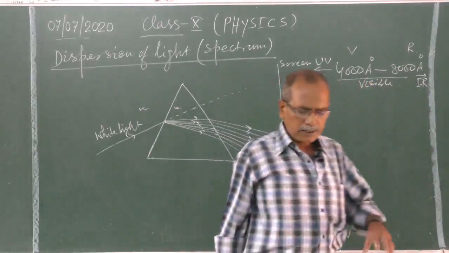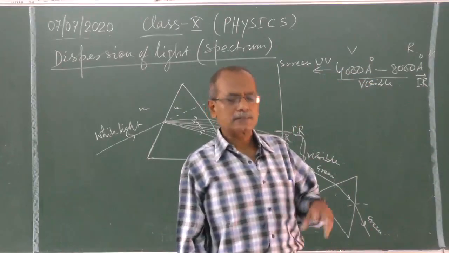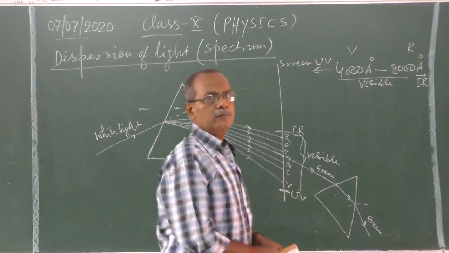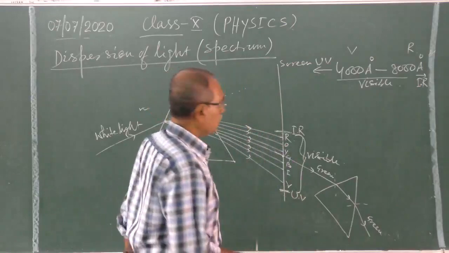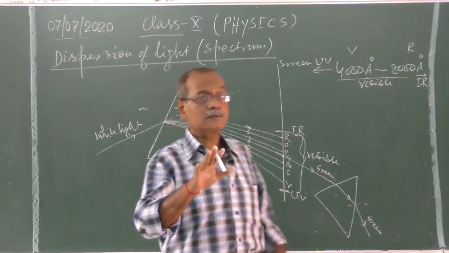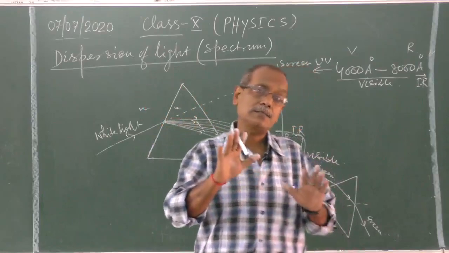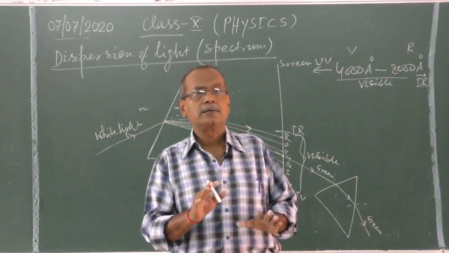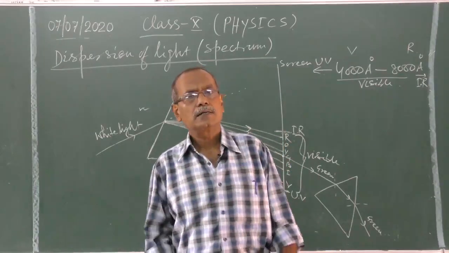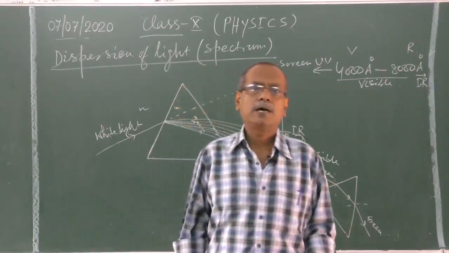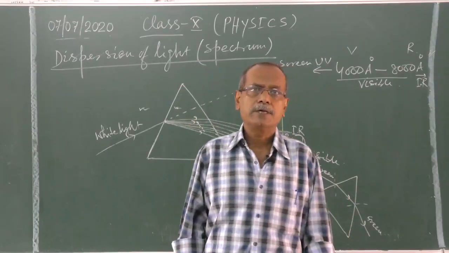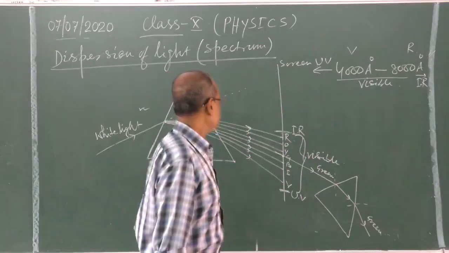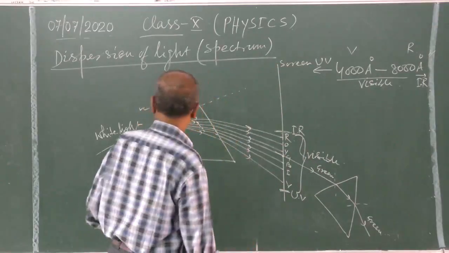There are other radiations, X-rays, gamma rays, microwave, radio wave, with different wavelengths, but their speed in vacuum or air is the same, 3 into 10 to the power 8 meter per second. But when they go inside an optical medium other than air or vacuum, their speed will change, so they will deviate.